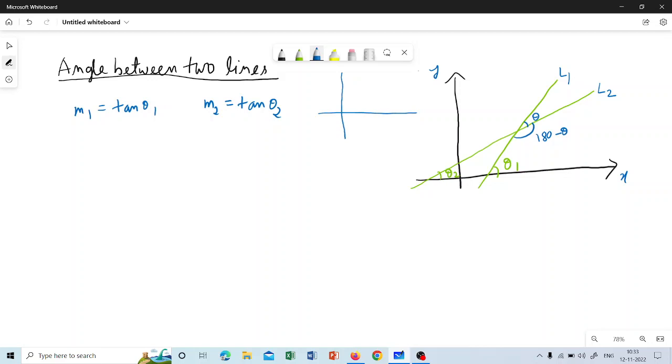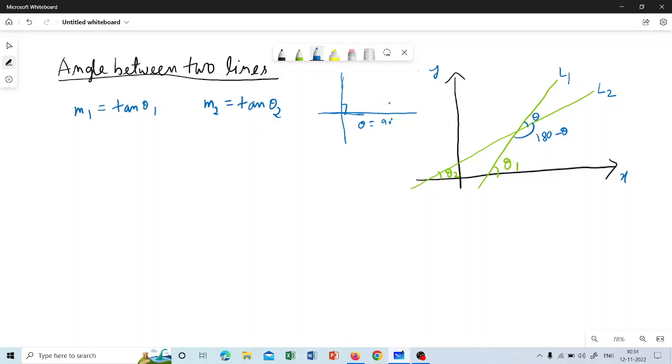If a line is vertical, there is a point where you cannot define the slope, because one angle will be 90 degrees. Suppose this line is parallel to the y-axis, so this theta is 90 degrees. So the two lines should not be vertical.